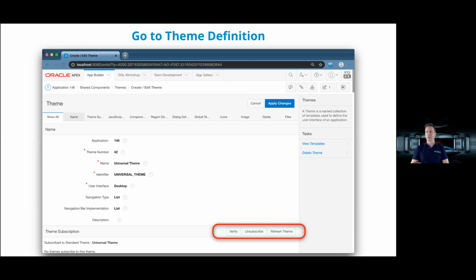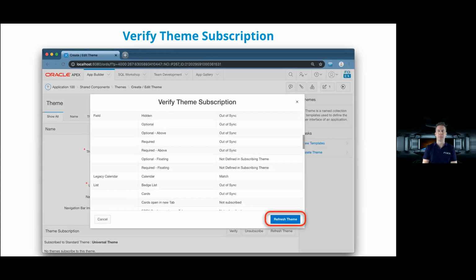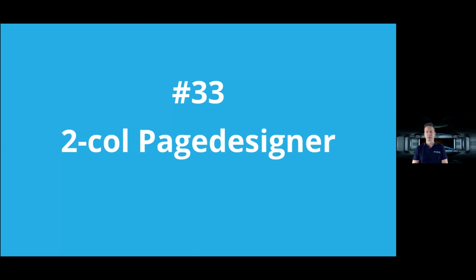And if you want to be on the safe side, click verify. Then it lists all the templates belonging to this theme, and which of those templates are out of sync to the new universal theme. Then simply hit refresh and you get all the latest and greatest goodies.